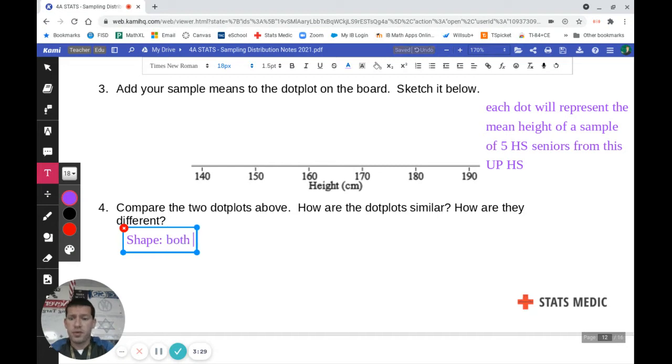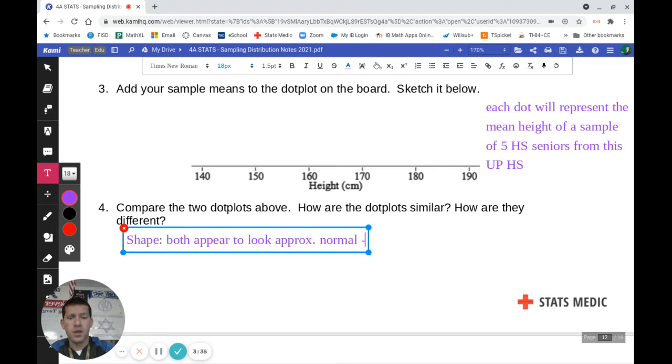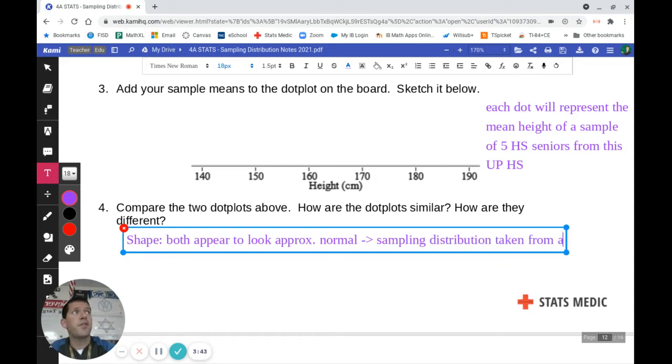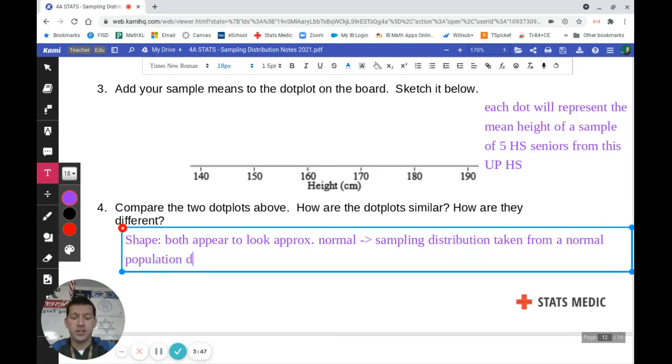So we'll just make those generalizations here. Our shape both will appear to look approximately normal. And what we've learned from that is that a sampling distribution taken from a normal population distribution will have a normal shape.